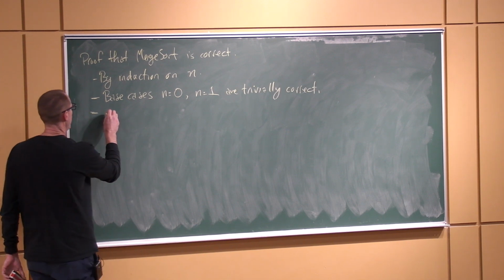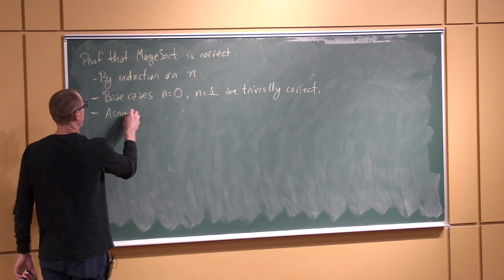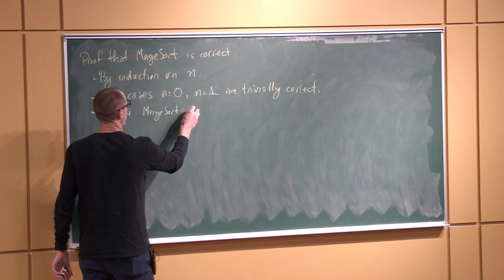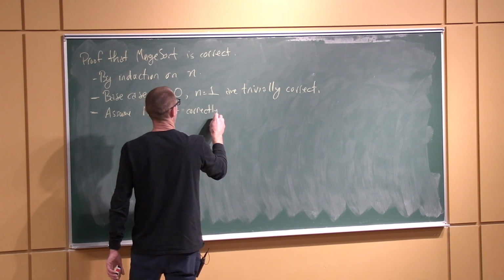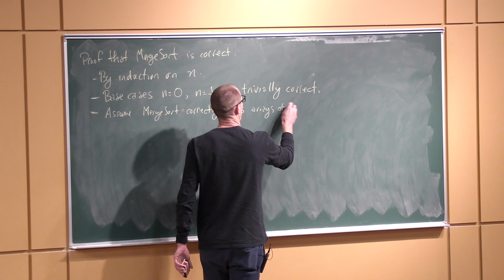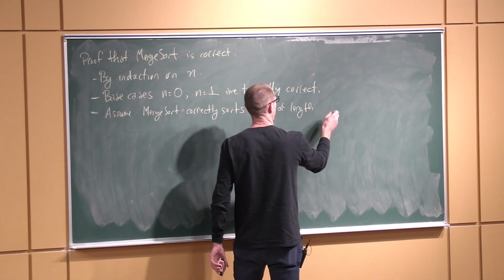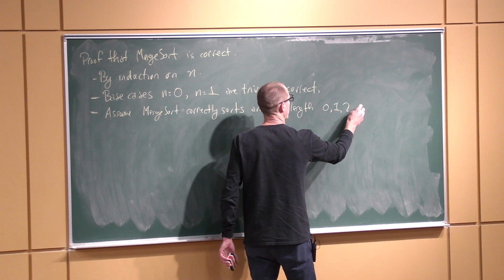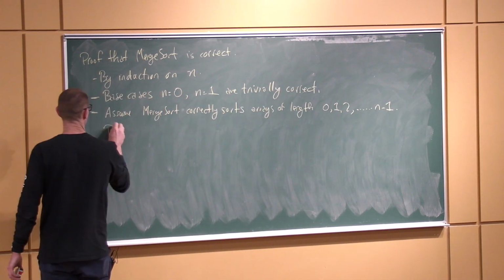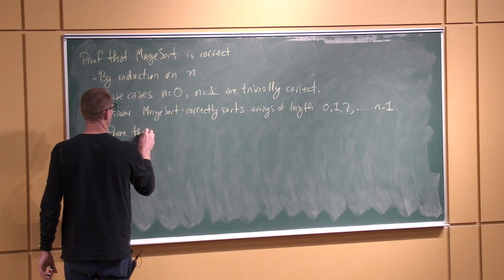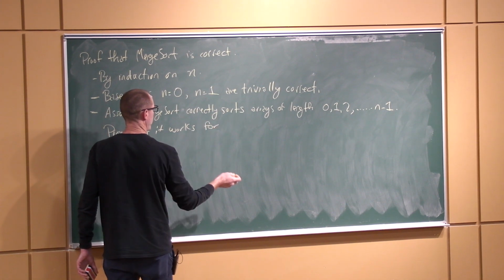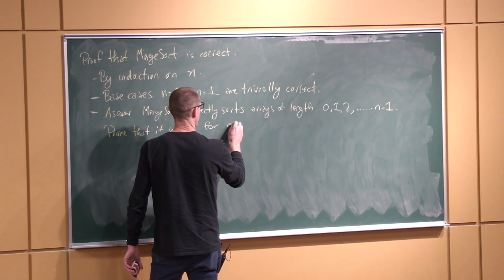so now we want to assume MergeSort correctly sorts arrays of length 0, 1, 2, all the way up to n minus 1, and prove that it works for arrays of length n.